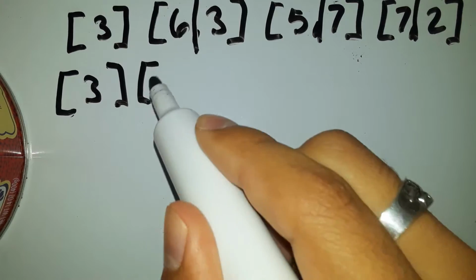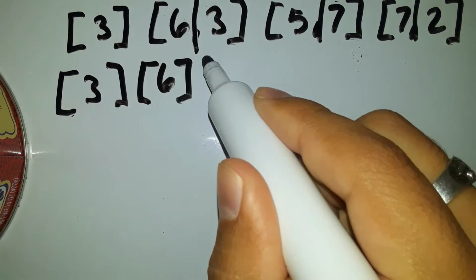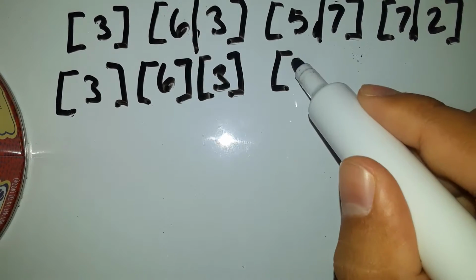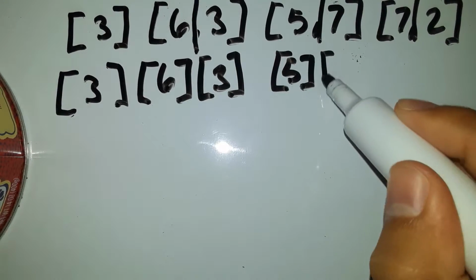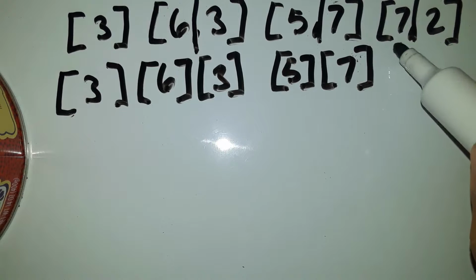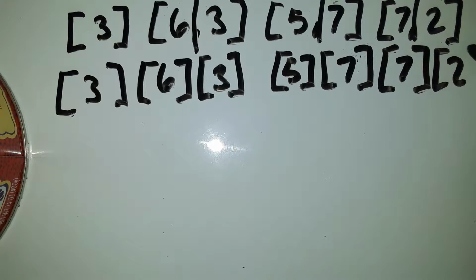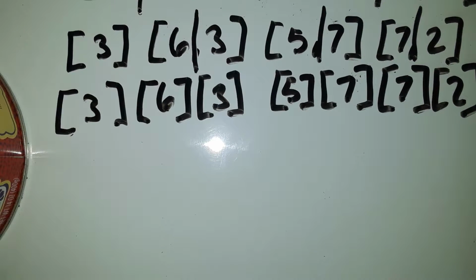But we're just going to break it down. So this is 6, 3, 5, 7, 7, and 2.